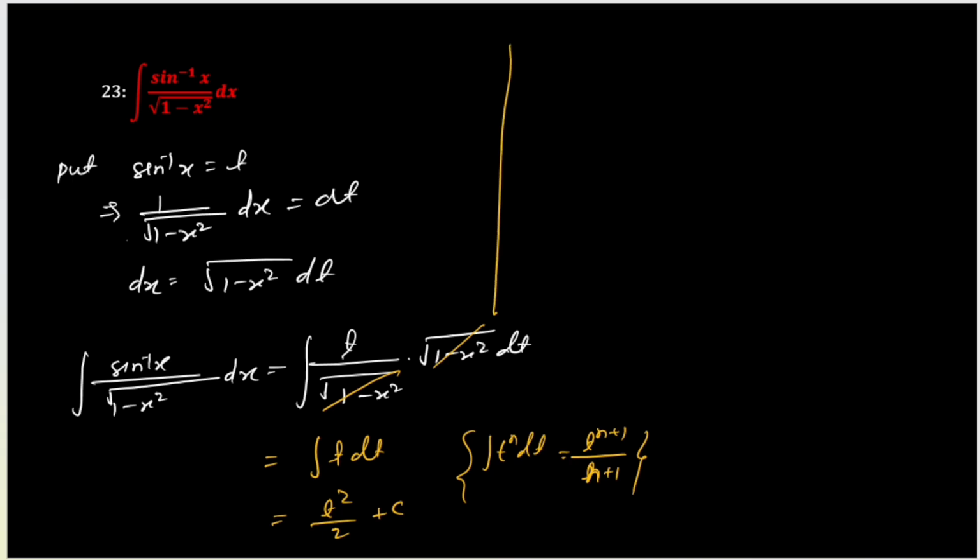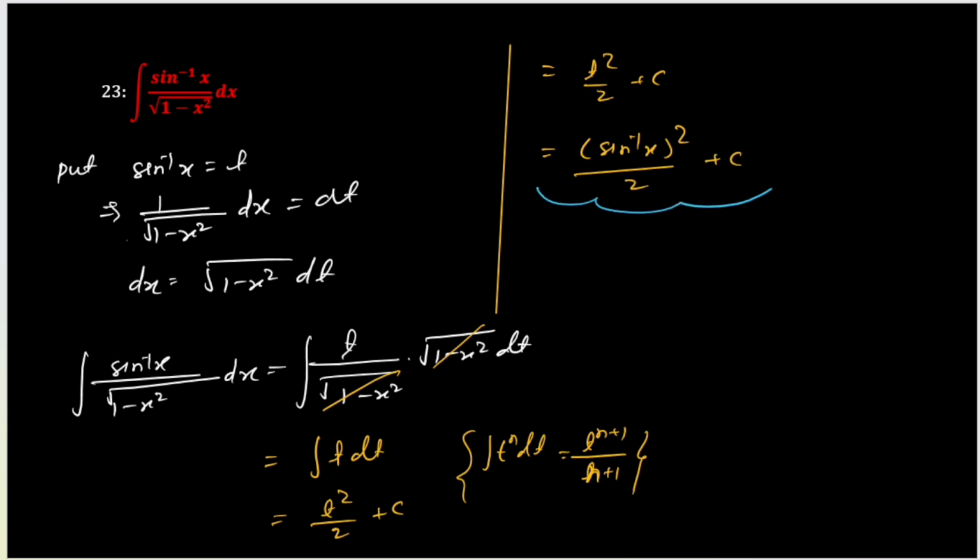And t is replaced in terms of x. We get sin inverse x to the power 2 by 2 plus c. This is your required answer.